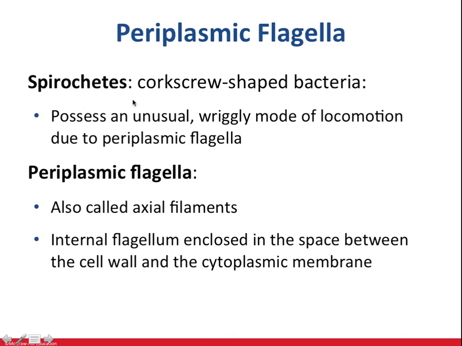The spiral thread is the corkscrew-shaped bacteria. The bacteria twist their body, so they possess an unusual and regular mode of locomotion.